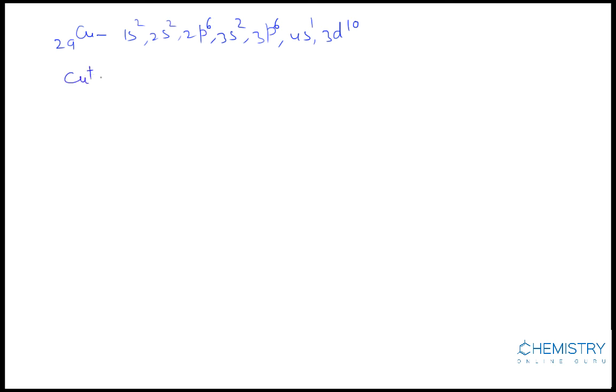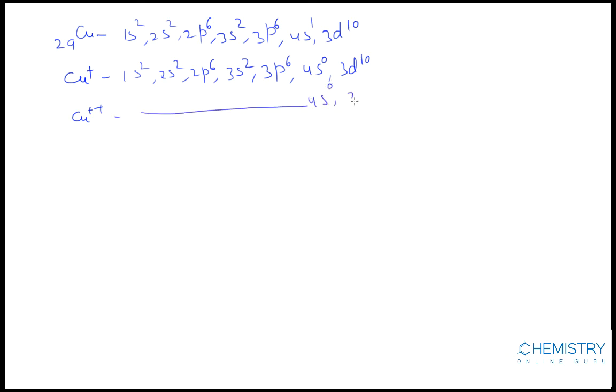In the case of the cuprous ion Cu+, one electron is removed from 4s. So it becomes 4s0, then 3d10. Cu2+, cupric ion: 4s0, 3d9.